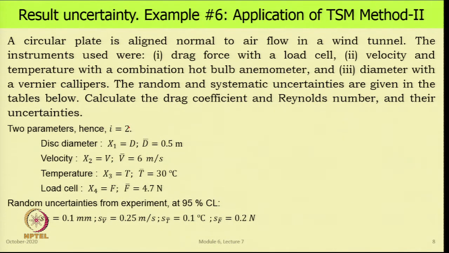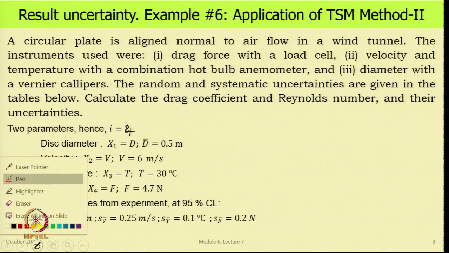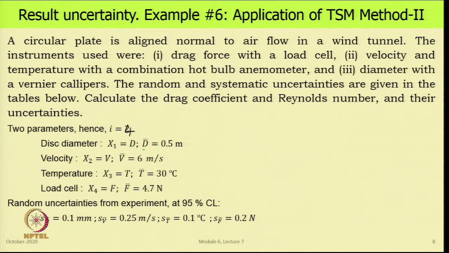So, here we have 4 parameters: diameter, velocity, temperature and force. Their nominal values that are given in this problem are like this. Diameter 0.5 meters, velocity 6 meter per second, temperature 30 degrees Celsius and force 4.7 newtons.